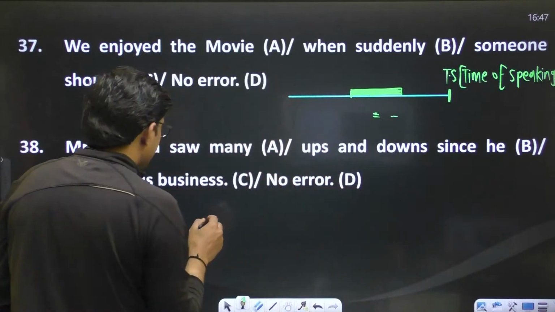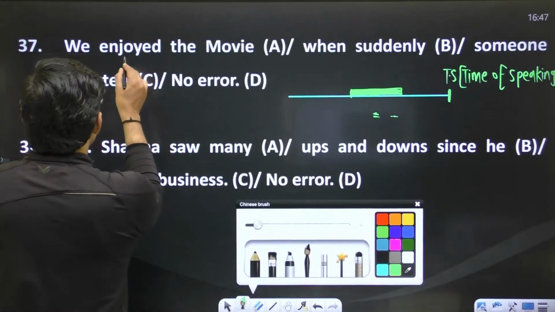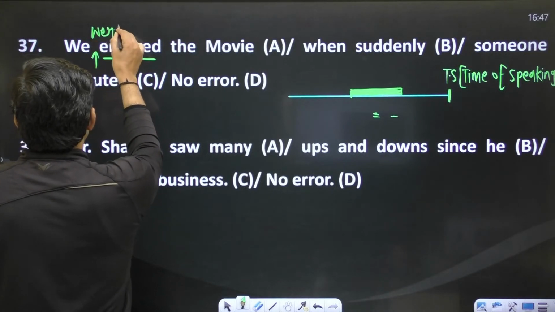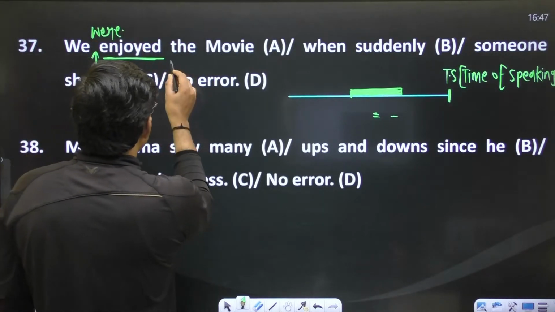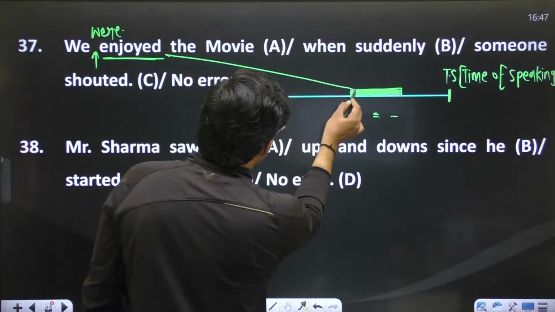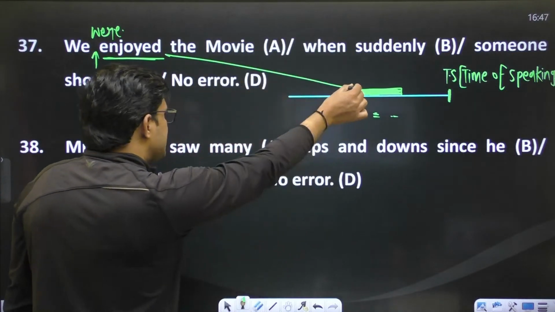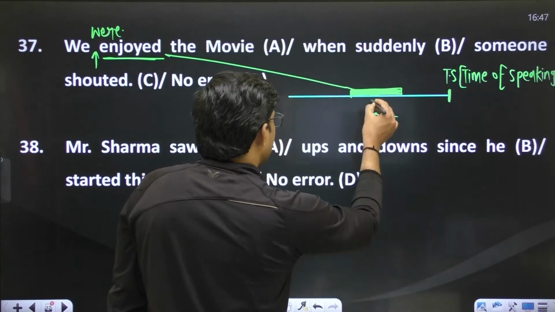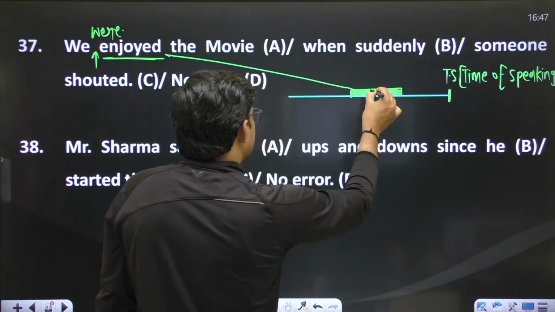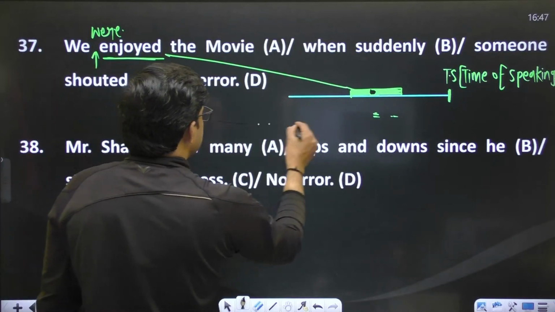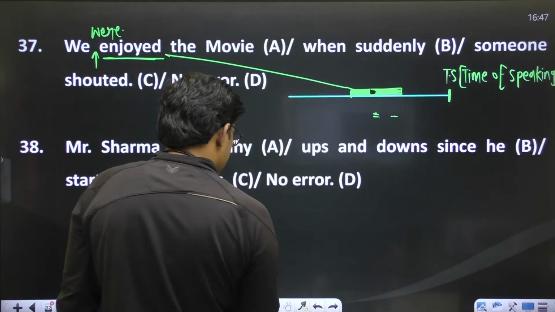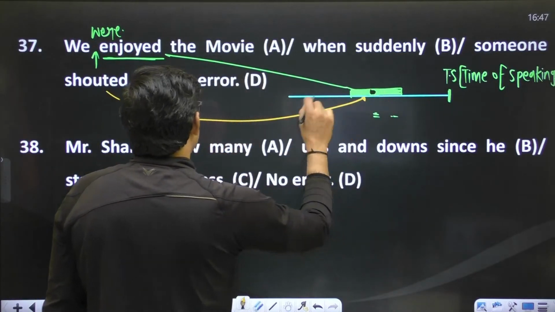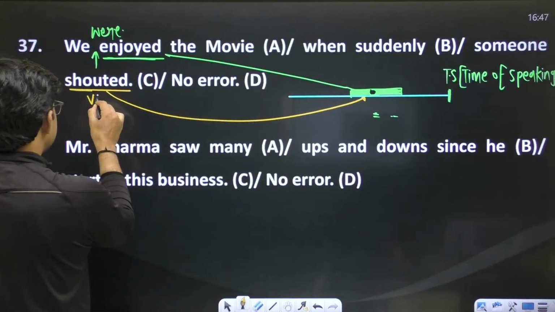So the action was continuing, we were enjoying the movie, and in the middle of that activity another action happens which interrupts it. This action demands past indefinite tense. Shouted is the past indefinite.